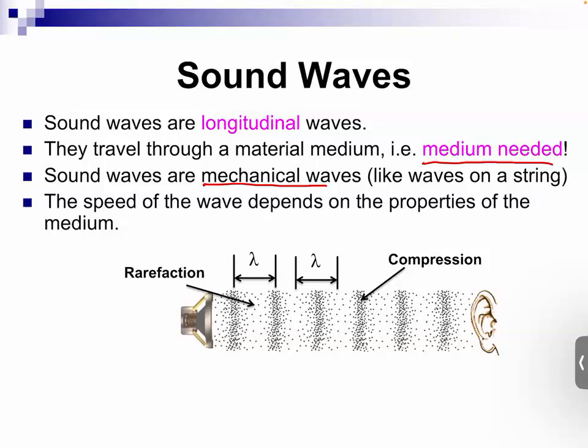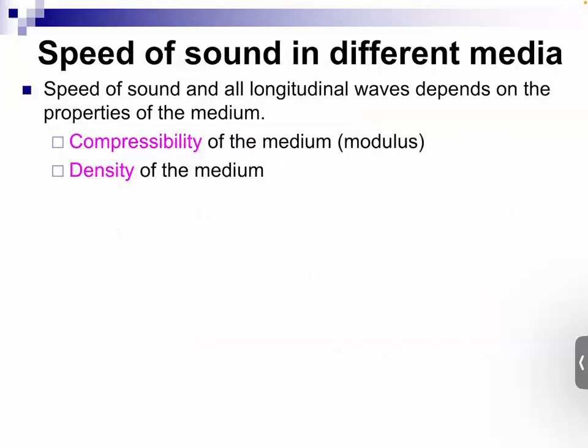And so the speed of the longitudinal wave, i.e. sound wave, depends on the properties of the medium, right? Because if you think about it, the propagation of the longitudinal wave depends on the compression and rarefaction of the medium through which it propagates, and therefore the speed of propagation depends on two things: the compressibility of the medium and the density of the medium.